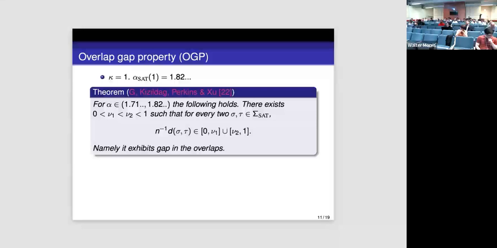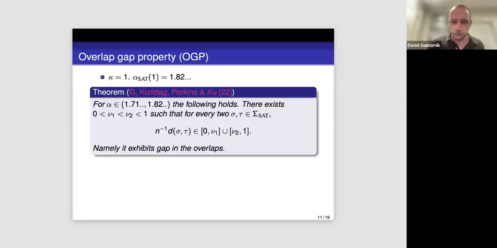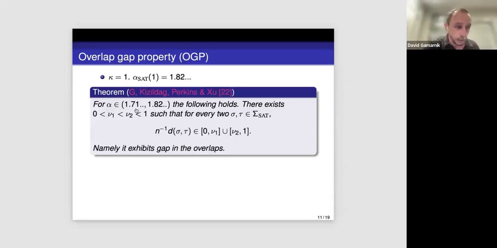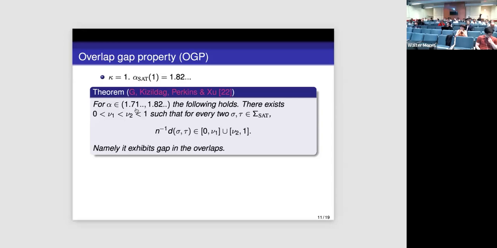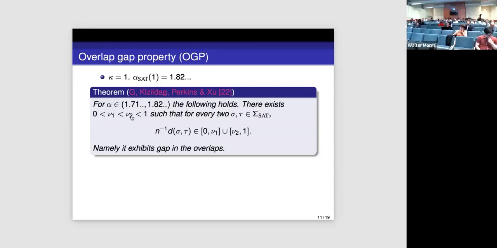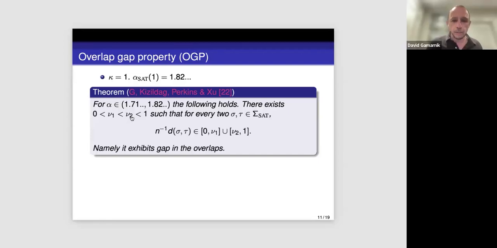But something else, you know, for this model, let me go through this slowly because it's a little technically dense, but the intuition should be simple. It turns out that there is a different threshold here, 1.71, a smaller threshold, such that whenever the ratio of rows to columns is in the interval from 1.71 to the largest for which the solutions exist, 1.82, there exist two numbers, nu1 and nu2, with the following properties.